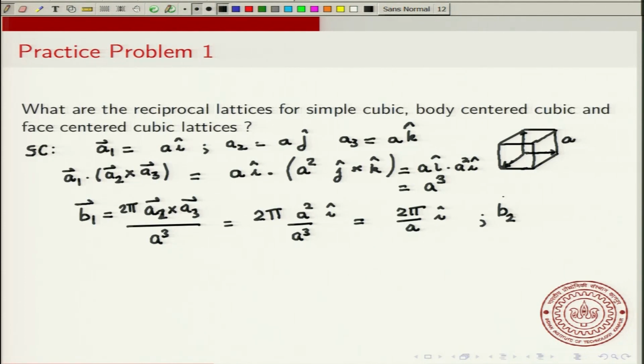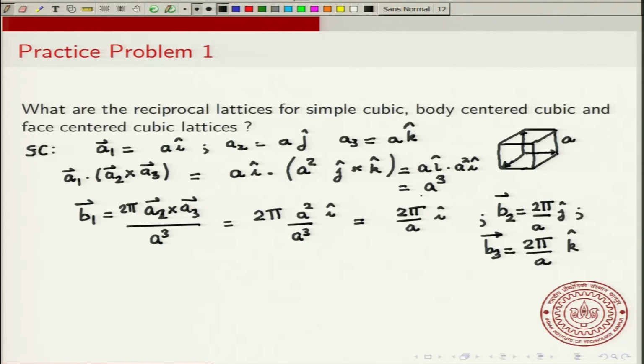Similarly, you can show that B2 will be 2 pi by A times j and B3 equal to 2 pi by A times k.